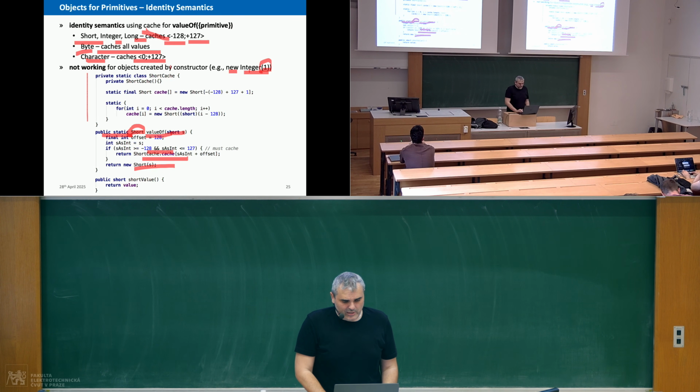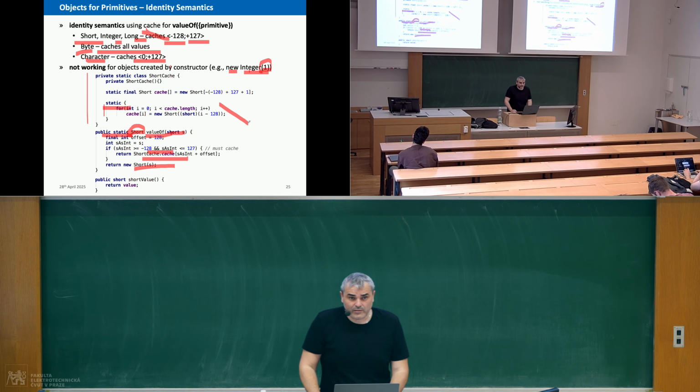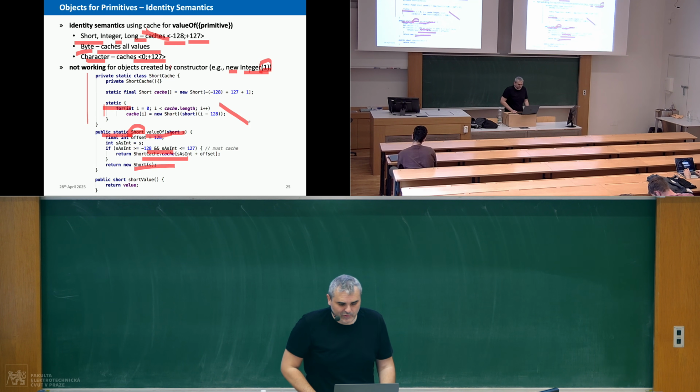The cache itself is initialized in this static initialization block here. This is a static initialization block. It is initialized when for the first time there is a reference, the short cache is created. So 256 objects are automatically created, even if not used anywhere. Unboxing is here, it just returns the value.